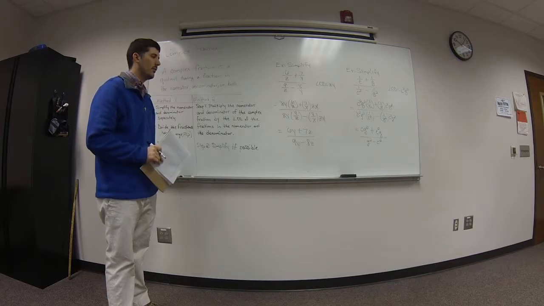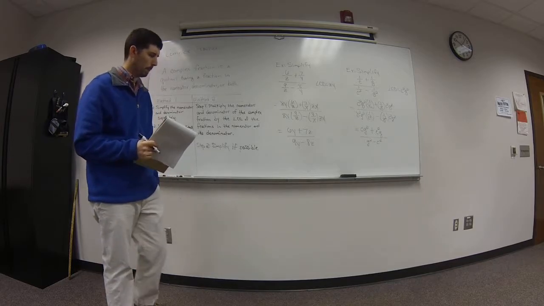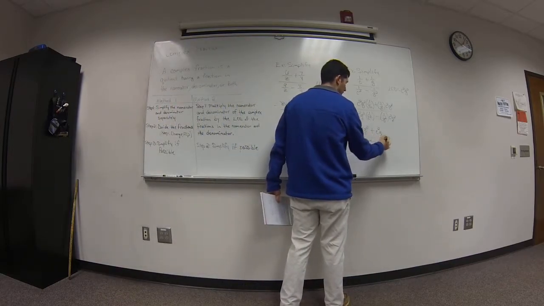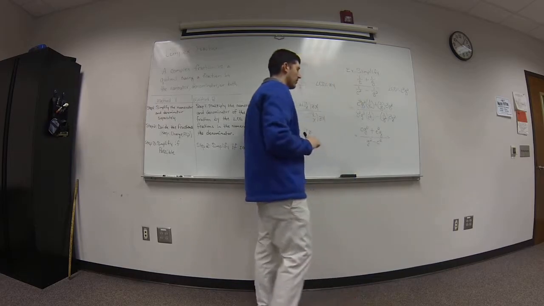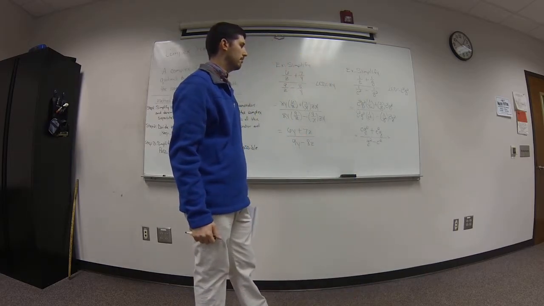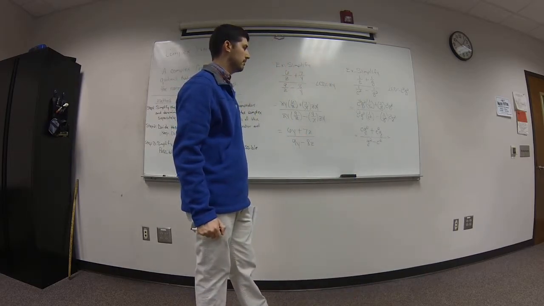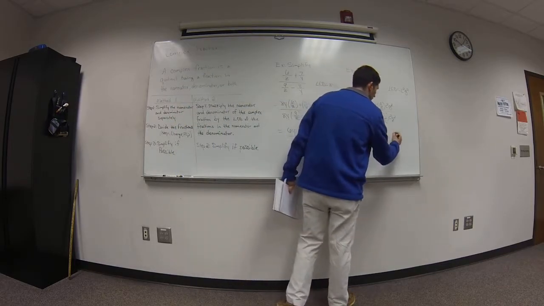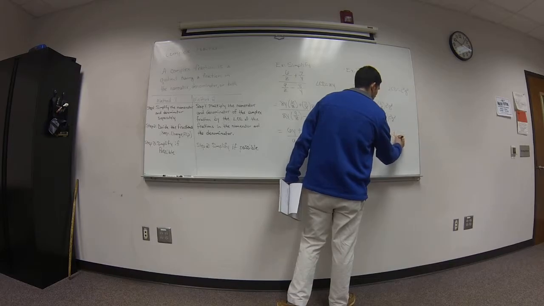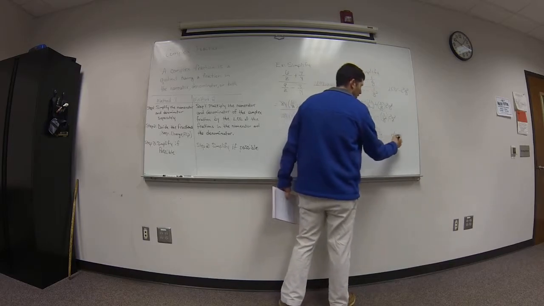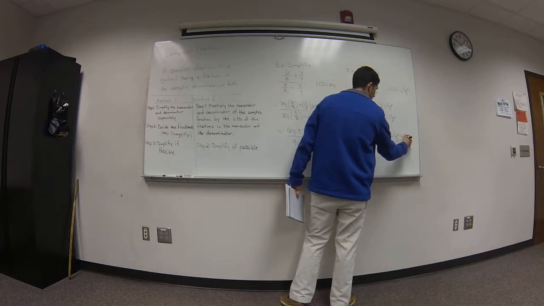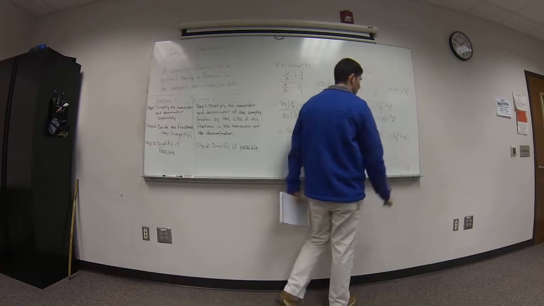Well, now let's see if we can factor anything out. So what can we factor out of the top that they have in common? Well, let's just factor a c out and see how that works. So if I factor just a c out, I'm left with g squared plus cg.